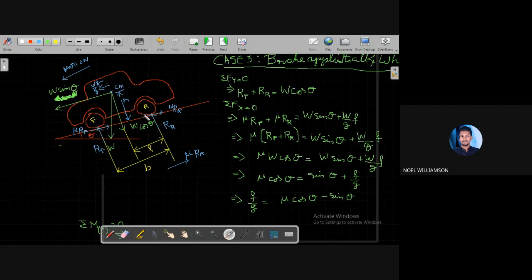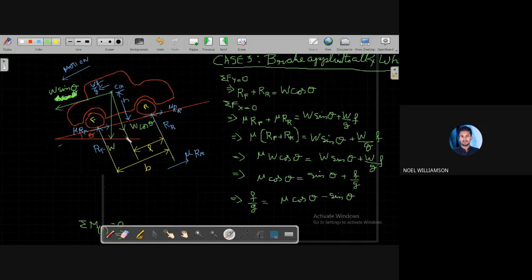All the rest of the forces may create moment about this point. So we will see one by one. First one, W sin theta, which is at a distance h. W cos theta, which is at a distance b minus l. Then W by g into f at a distance h, Rr which is at a distance b.